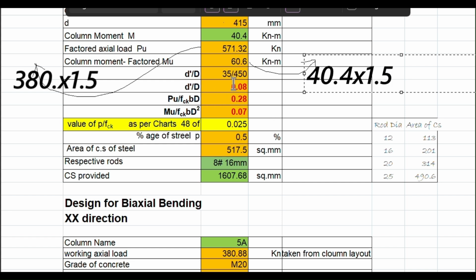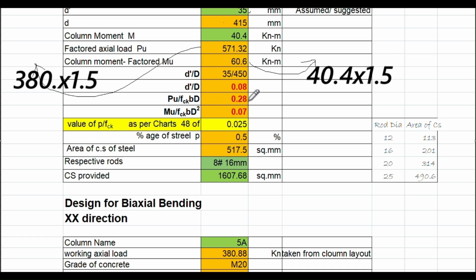D dash by D, the 35 mm by 450, is D dash by D and the value is 0.08. Pu by fck b D is the formula.